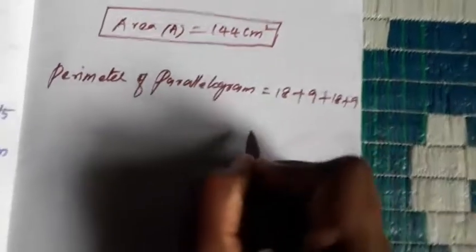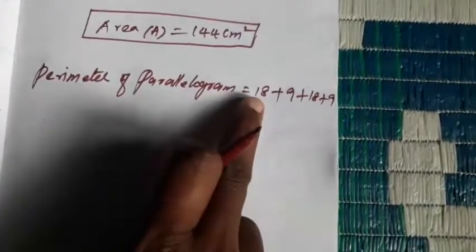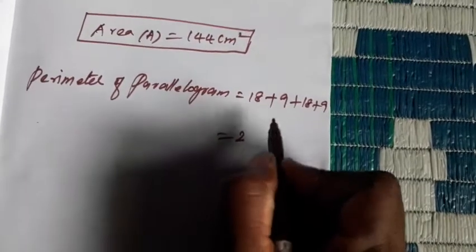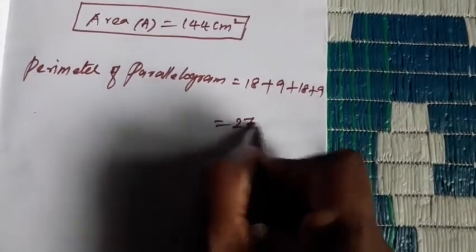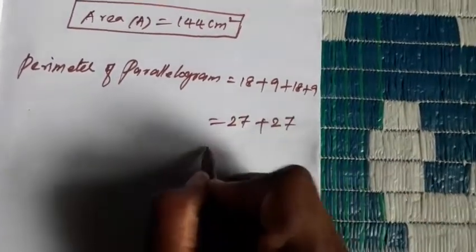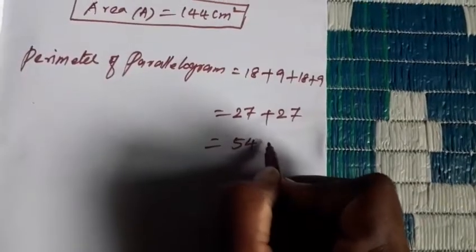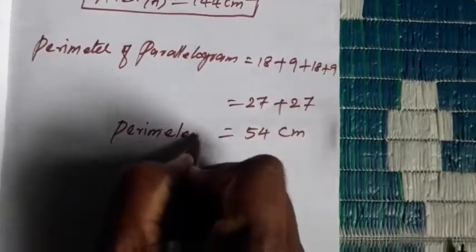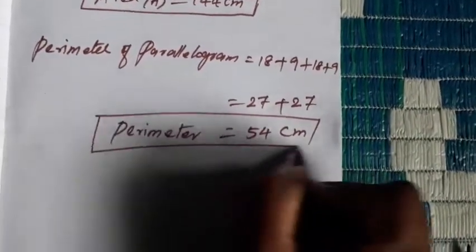Adding 18 plus 9 plus 18 plus 9. 18 plus 9 is 27, and again 18 plus 9 is 27. 27 plus 27 is 54 units, and units means centimeter. This is the perimeter. Therefore this is the required solution, hence our answer is over.